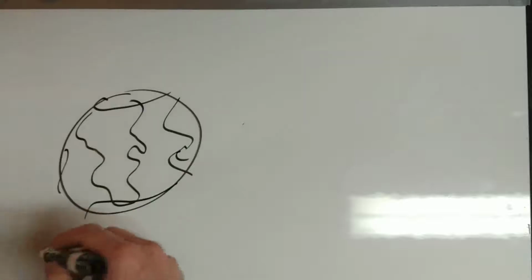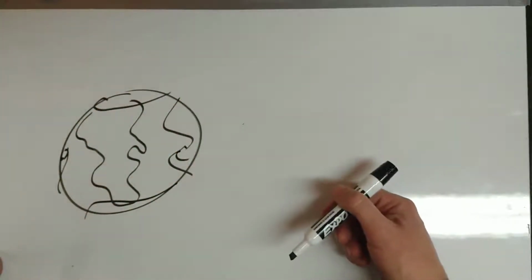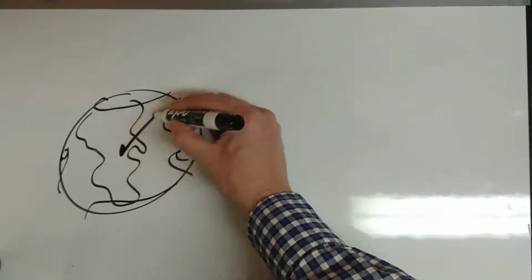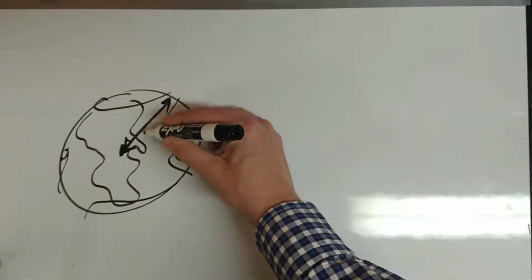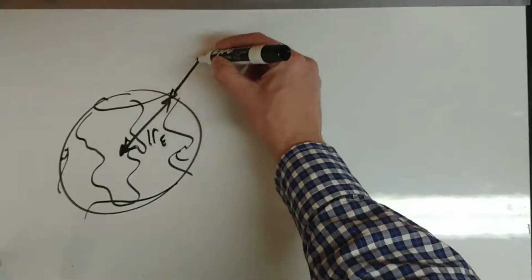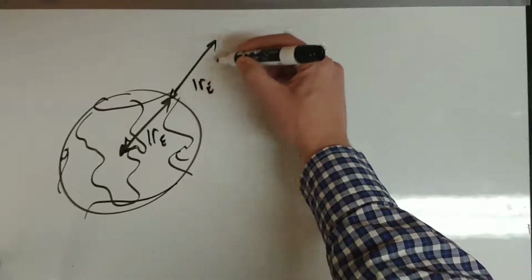Our Africa is attached to North America. That is Hawaii. All right, so from the center of the Earth to the surface is 1 Earth radius, 1 RE. One more radius would be another Earth radius above the surface of the Earth.